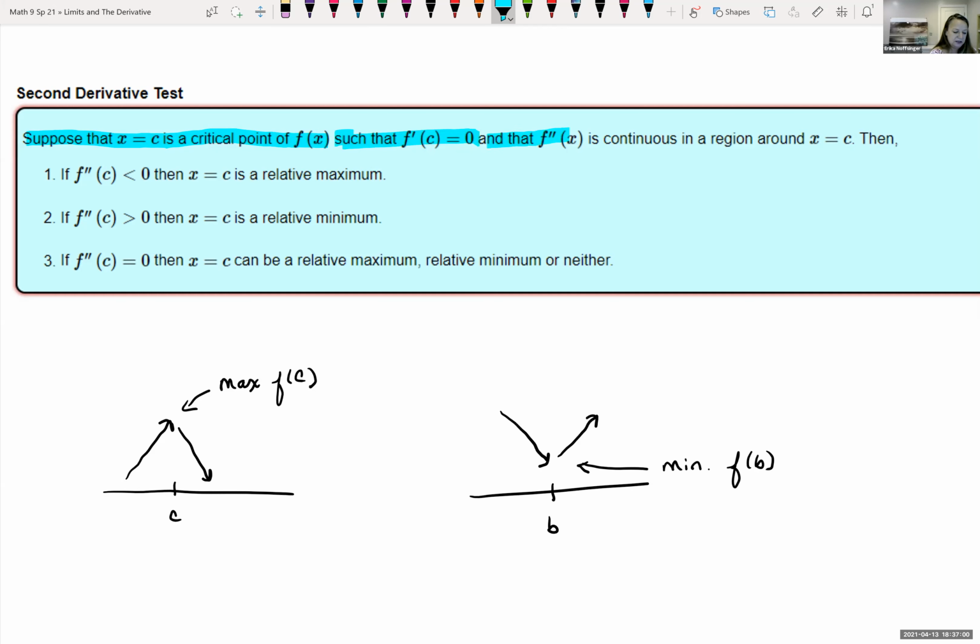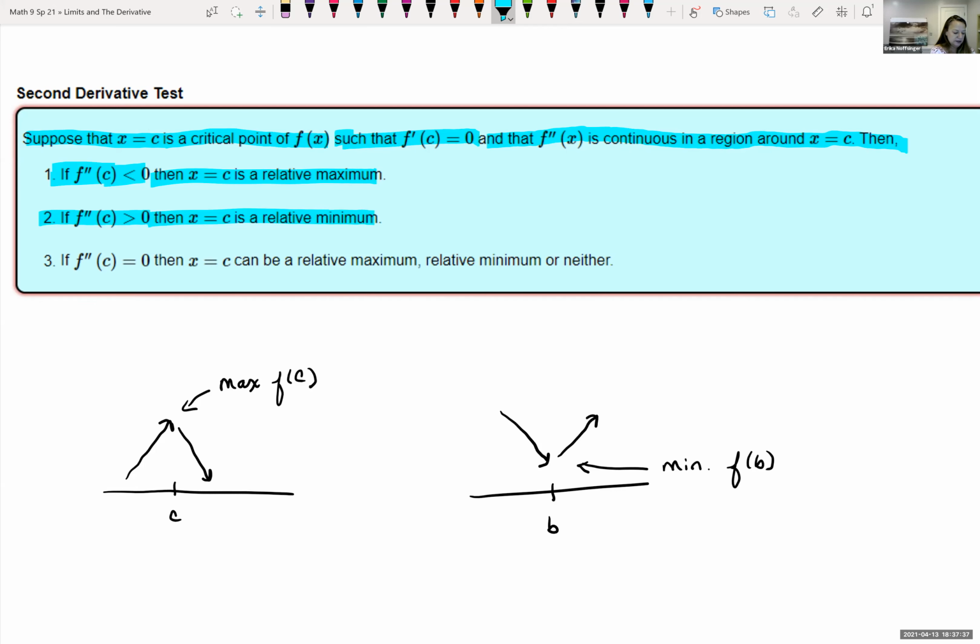And let's say that the double derivative of f of x is continuous in the region around x equals c. Then if we find that the double derivative evaluated at that critical value x equals c is less than 0, concave down, then it's a max value. If the double derivative evaluated at that critical value is greater than 0, we have concave up, and so that's a relative minimum value.